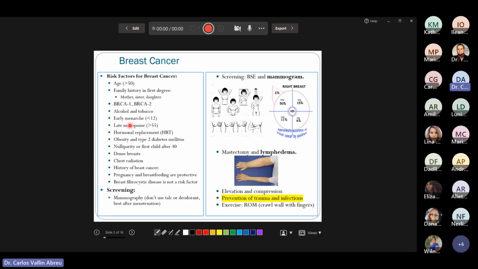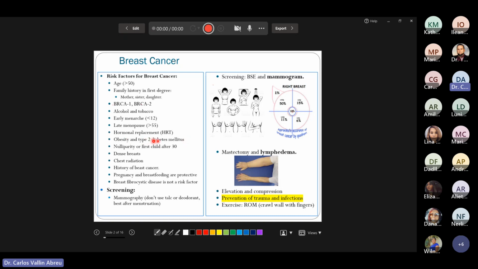Until the science discovered that these estrogens after menopause increased the risk of breast cancer. And then we stopped recommending that to all women. If it is needed, because the woman is very symptomatic, they are given for a very short period of time. So receiving hormonal replacement therapy increases the risk of breast cancer.